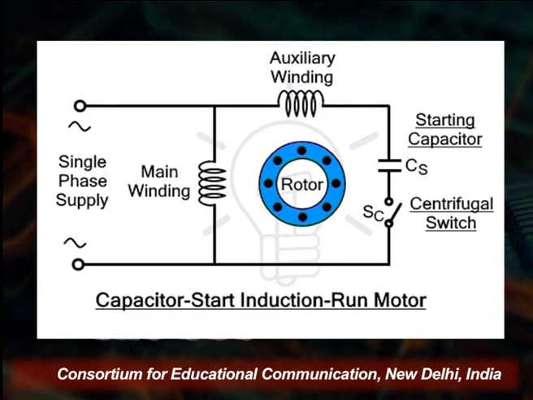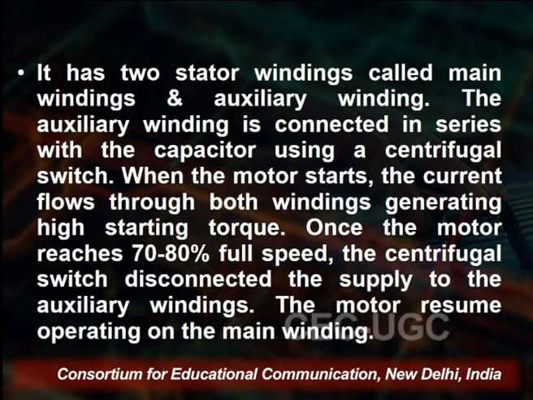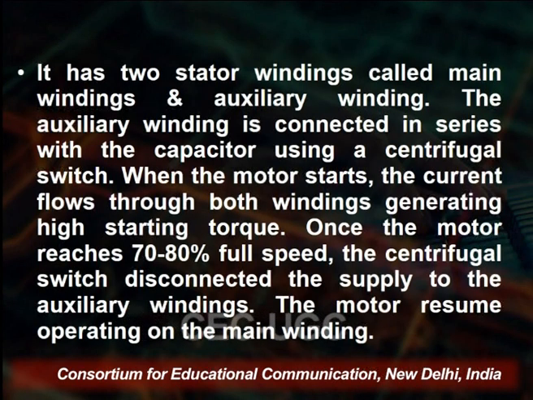In between these two there is a rotor that rotates. When we start the capacitor, we arrange the capacitor in series, and it has two stator windings, the main winding and the auxiliary winding. The auxiliary winding is connected in series with the capacitor using a centrifugal switch.